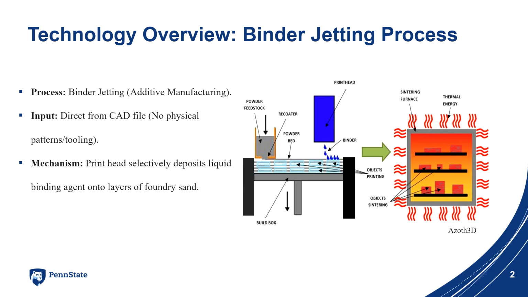The machine spreads a thin layer of standard foundry sand and a printhead moves across it, selectively depositing a liquid binding agent, essentially a glue. It repeats this layer by layer, and the result is a sand mold that fits directly into our existing casting workflow, but it was created entirely digitally.